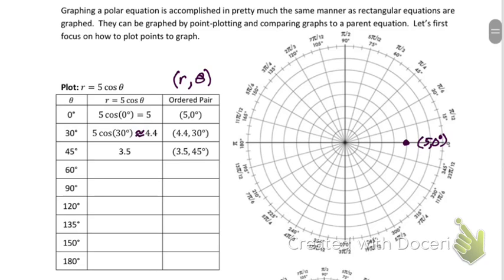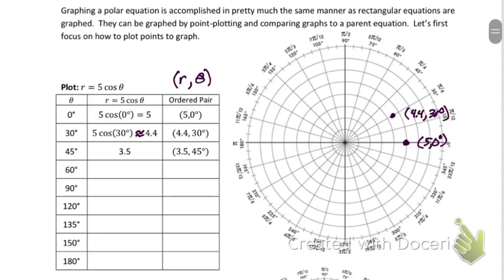So we go out 4.4, which is about here, and we go up to 30 degrees. So we'll put a point about there. That is my point 4.4, 30 degrees.